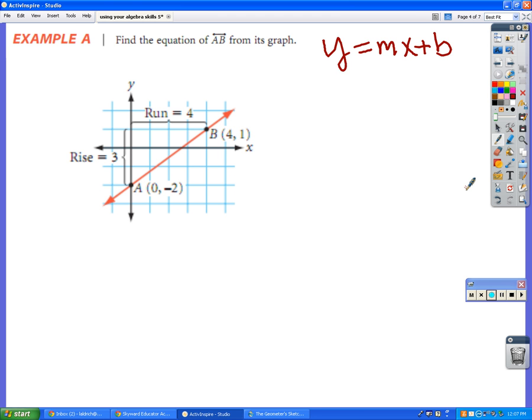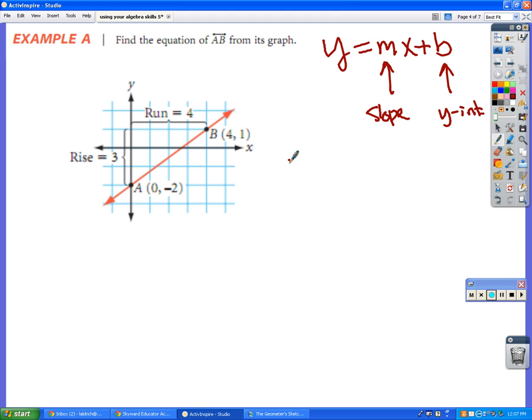In that case, what is the m? What does that stand for? Slope. And what does the b stand for? The y-intercept. Okay, so that is where it crosses the y-axis. So all you need to do to find an equation for a line is come up with those two things, substitute them back into that equation, and you are done.